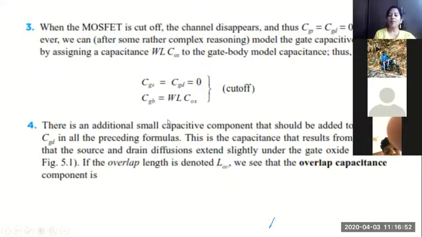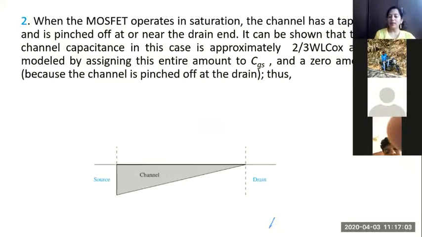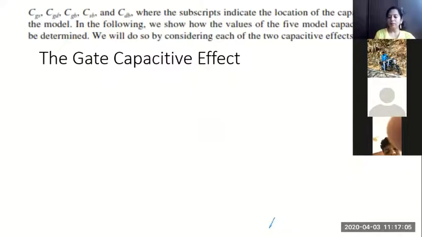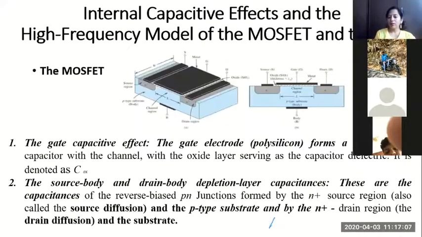Now there is a fourth capacitive effect because of the gate, and that is known as overlap capacitance. What is this overlap capacitance? You can see in this diagram. Can you see here? There is always a small overlap of the gate on the source as well as on the drain. Can you see the oxide and metallic layer? A small overlap is there in this end as well as this end.